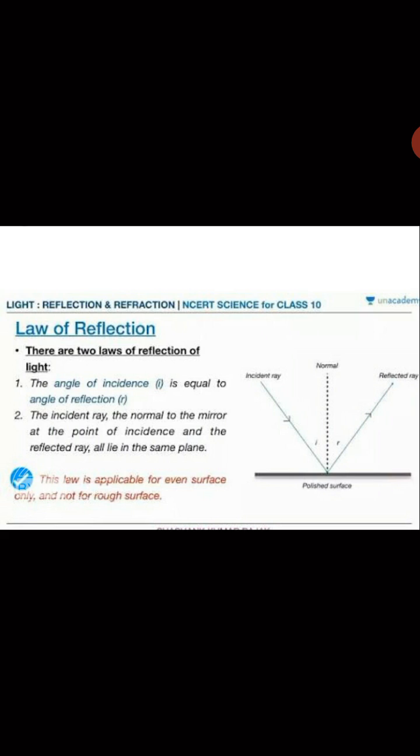By seeing, you can judge that angle I is equal to angle R. That is the law of reflection, that both the angles are always equal. That means if the angle of incidence is 40 degrees, the angle of reflection will also be 40 degrees.